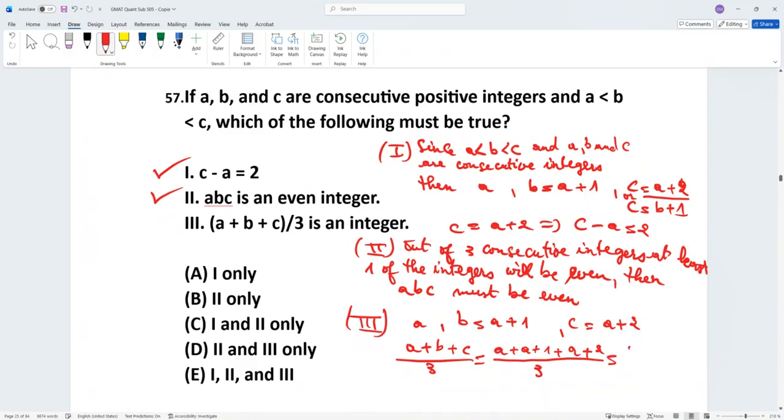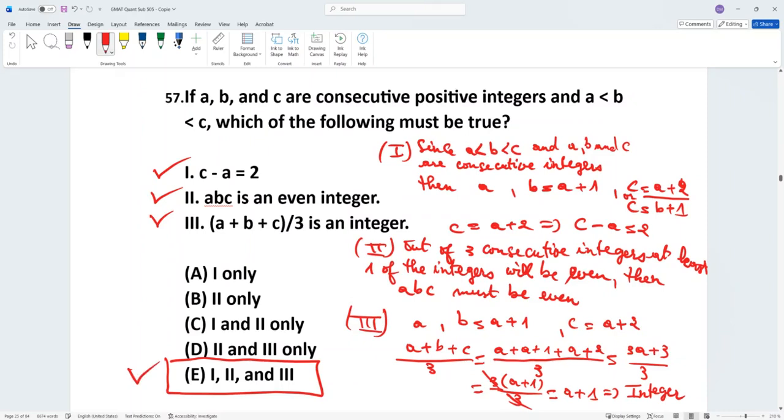And we will have 3A plus 3 over 3. So this will give us A plus 1. Since A is an integer, A plus 1 will be an integer as well. The 3 conditions are true, so our answer is answer E.